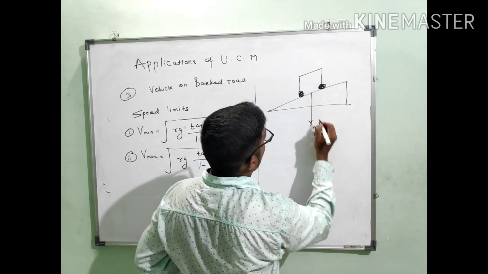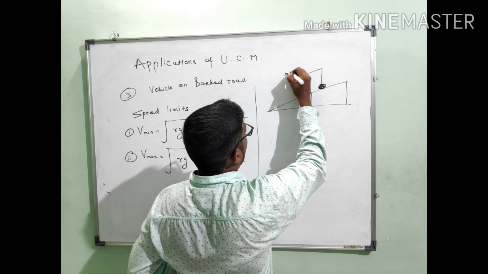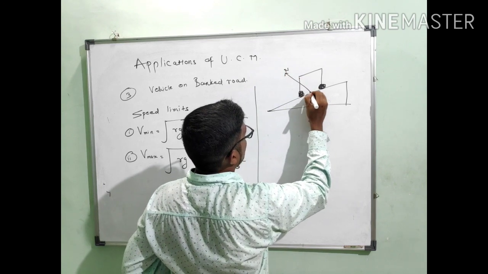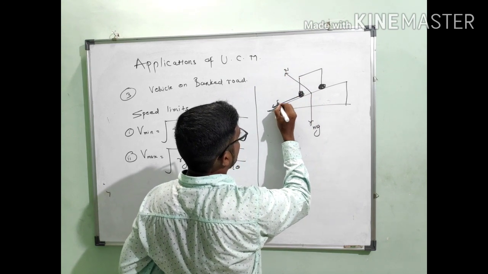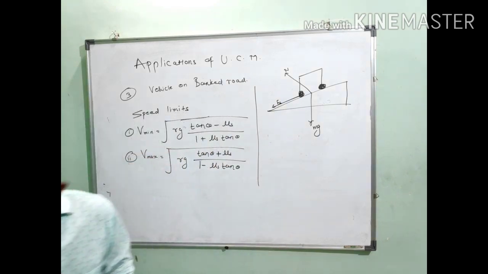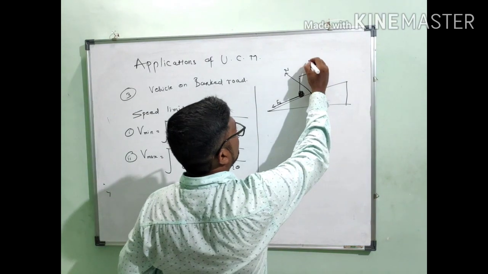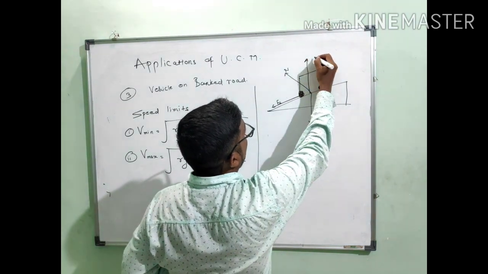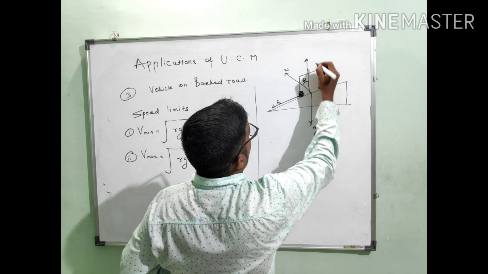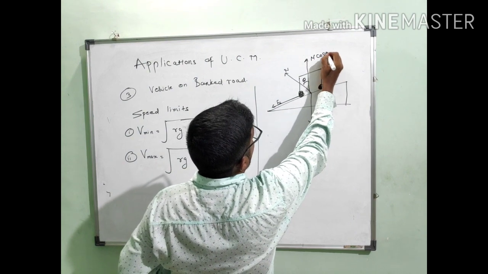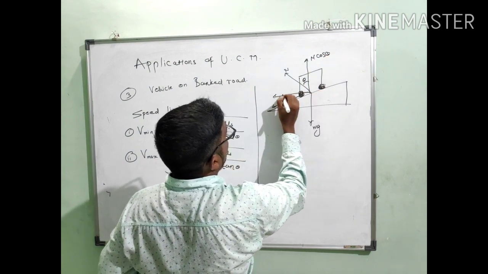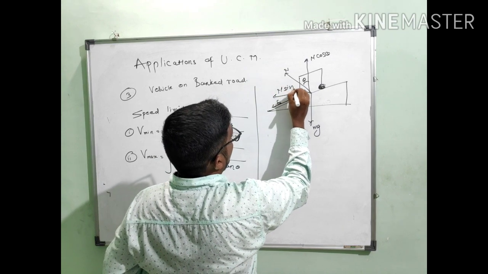Mg is there, this is our normal, and this is our frictional force. So when we split N, we get N cos theta, and here we get N sin theta.